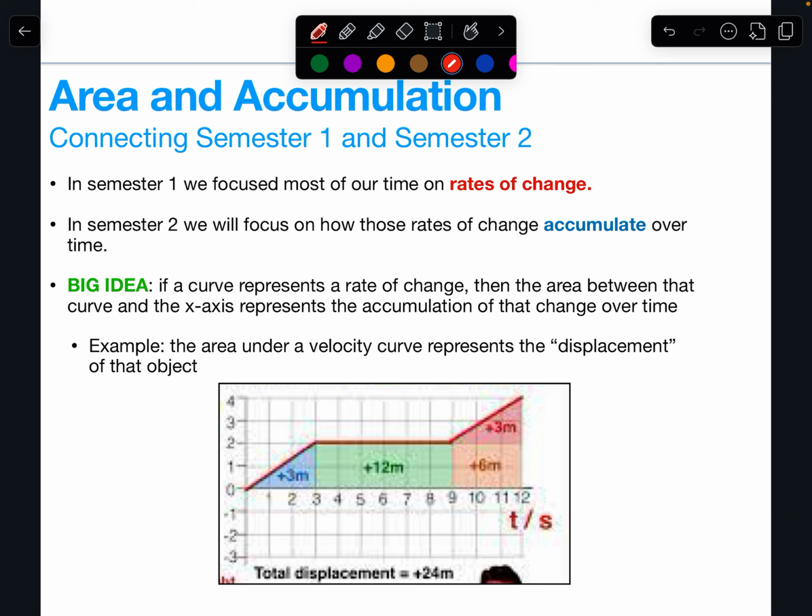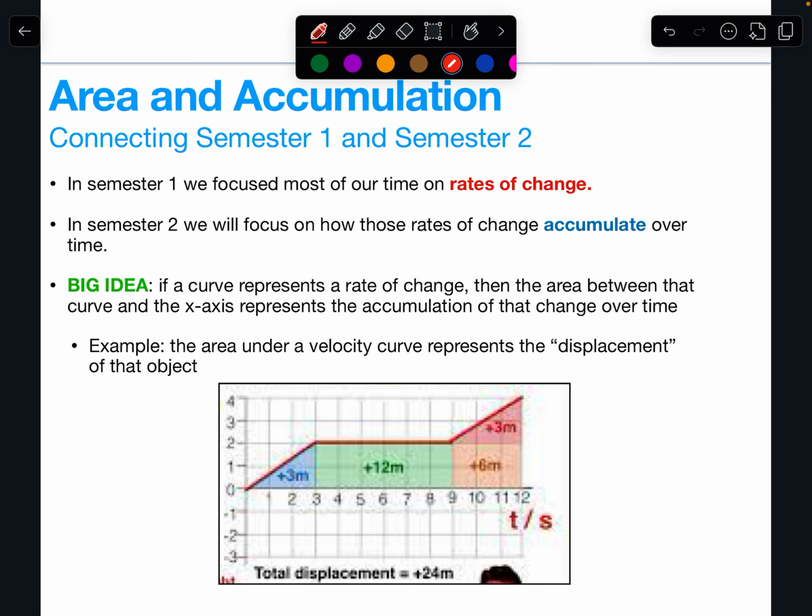Let's connect everything we did in semester 1 to what the big ideas are from semester 2. In semester 1, we focused most of our study on rates of change, derivatives, applications, etc. Well, here in semester 2, we focus on how those rates of change accumulate over time. The big idea being that if a curve represents a rate of change, like the velocity curve in the last example, then the area between that curve and the x-axis represents the accumulation of that change over time.